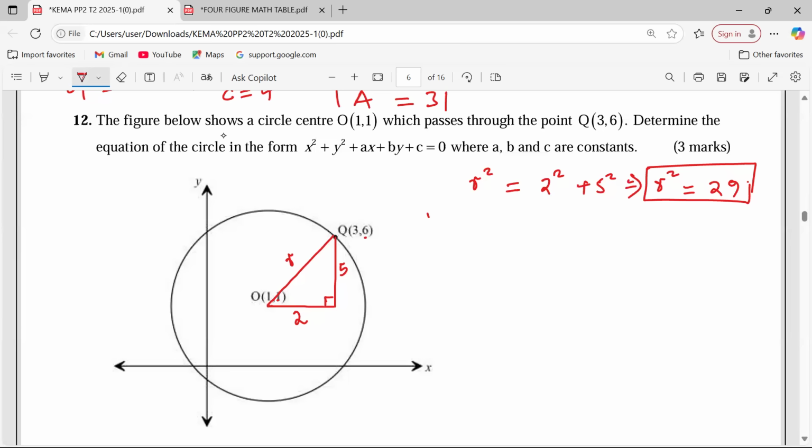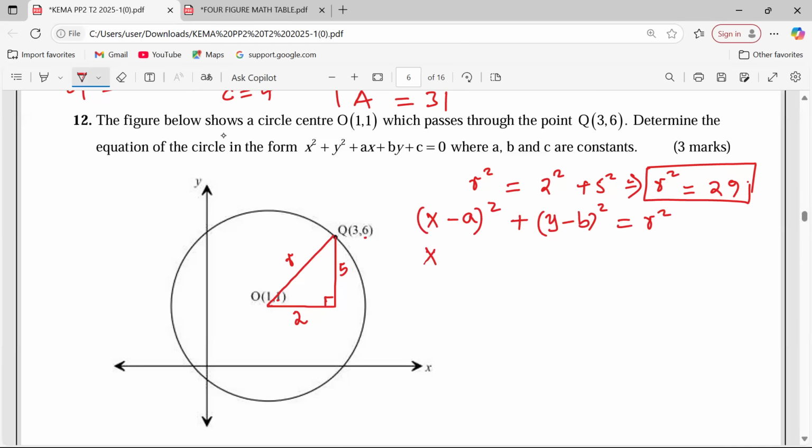X minus A, which is the x coordinate of the center, squared, plus y minus B, which is the y coordinate of the center, squared, should give us radius squared. That is the general equation of a circle when the center is not 0, 0.